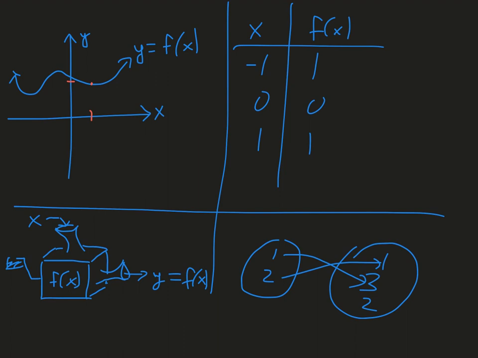You learned in college algebra or somewhere else before that the set of all these inputs is the domain, the set of all these outputs is the range, and for each input there must be a unique output, and that's what makes it a function. So these are all the different ways that we think about functions. We're going to formalize that now mathematically over the course of this section.